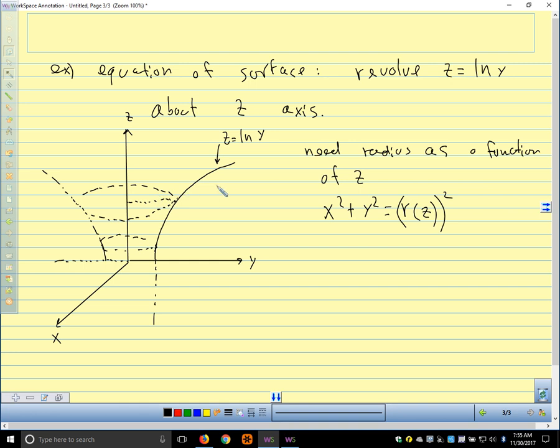What's another way we can write that curve? y equals e to the z. So the radius is the y coordinate if we're thinking about that curve revolved around the z-axis. So we can say x squared plus y squared equals e to the 2z.